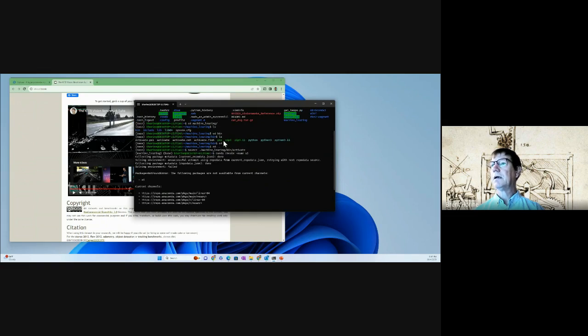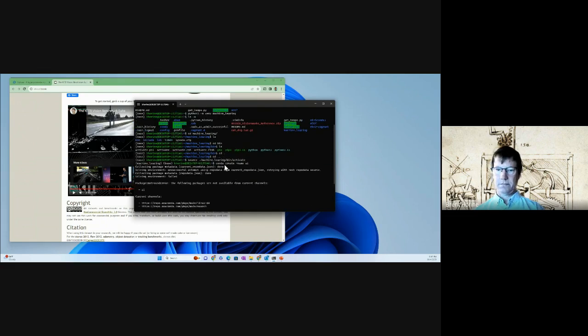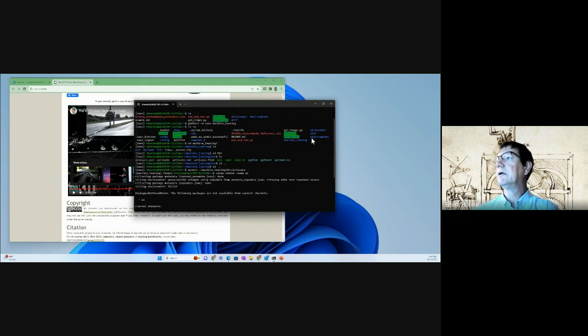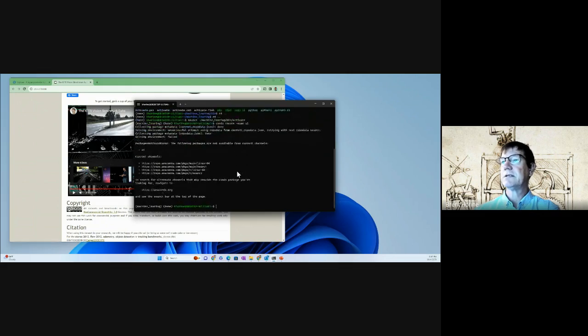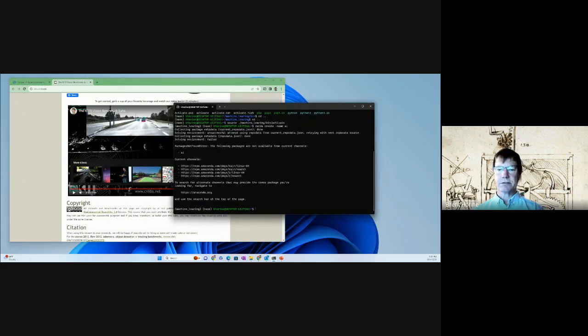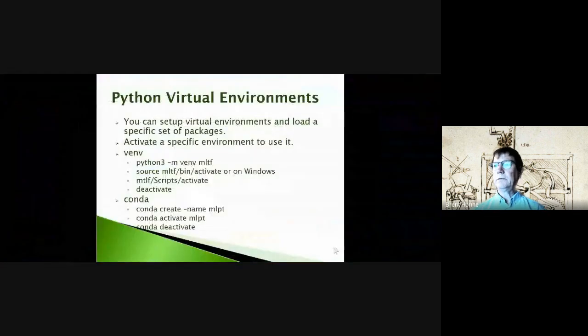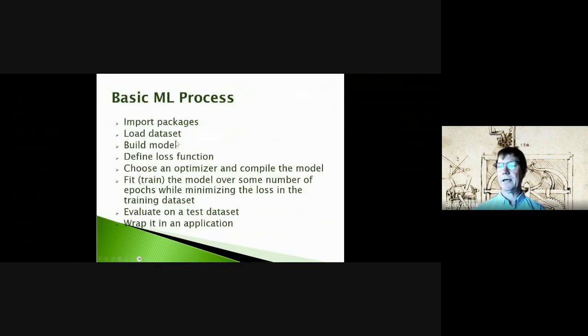Maybe that was in a different Ubuntu instance. That was the problem. I think I installed Conda separately in a different Ubuntu instance. All right, we won't waste time debugging that.